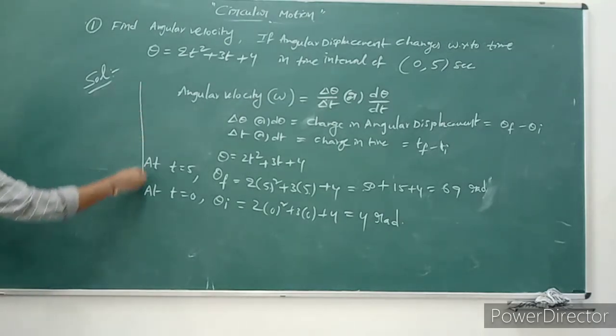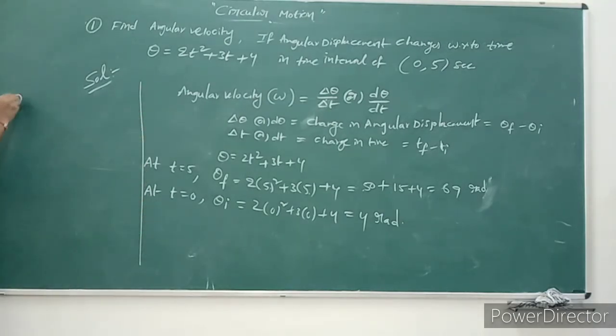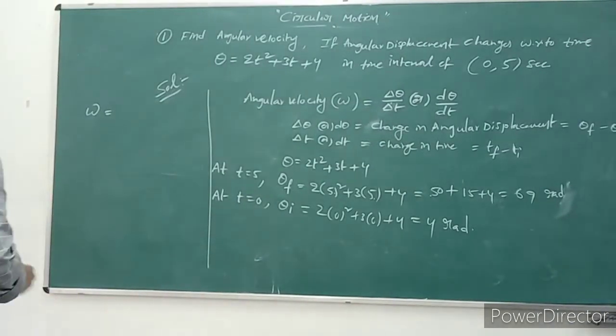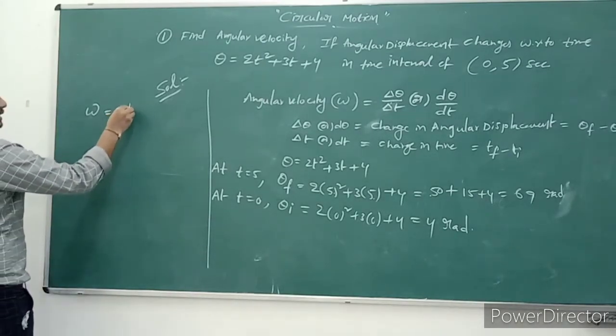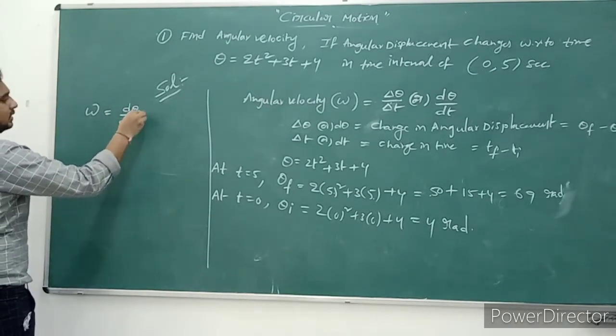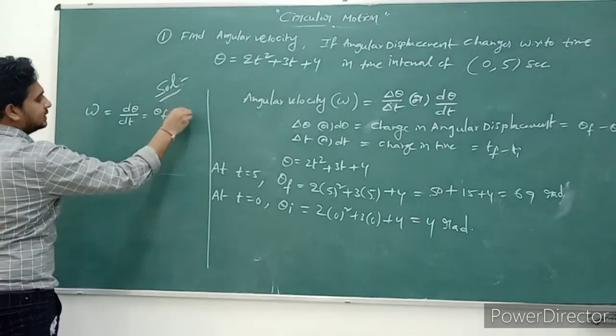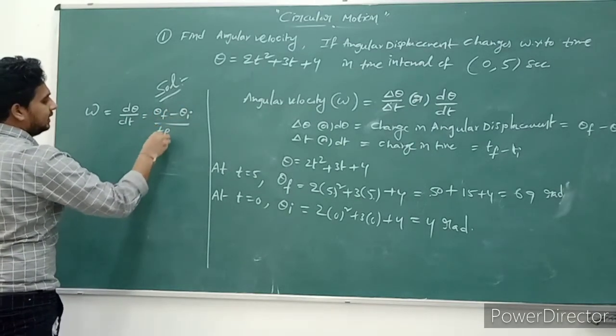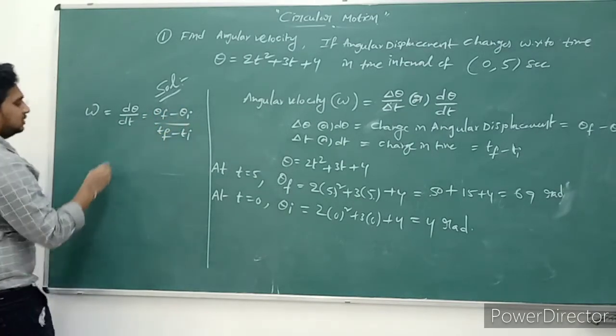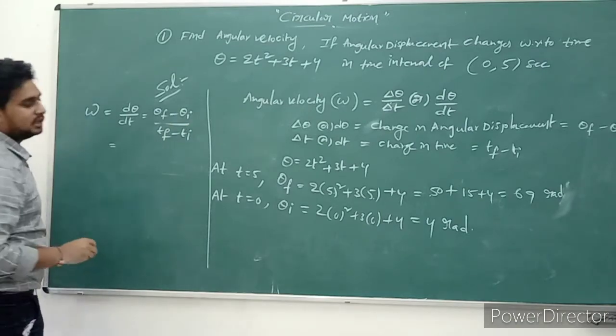So the angular velocity omega is equal to d theta by dt, that means theta f minus theta i by t f minus t i.